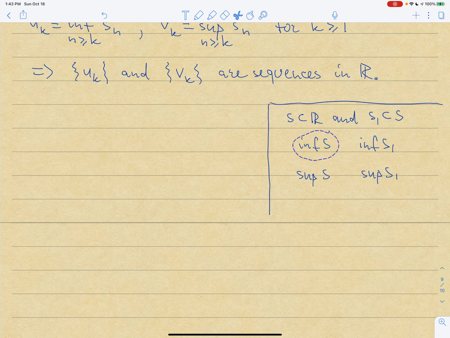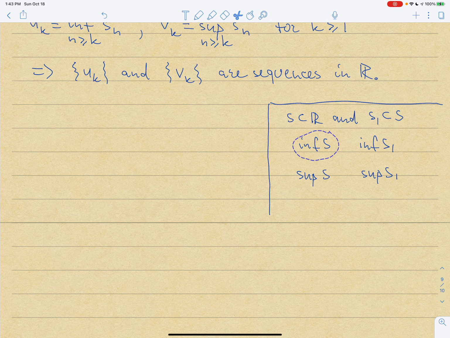So now if I have to take the infimum of the set which contains more numbers in it, well, what can happen to the infimum? Can infimum of a larger set be bigger? And the answer is no, right? Because all elements in the smaller set are also in the larger set.